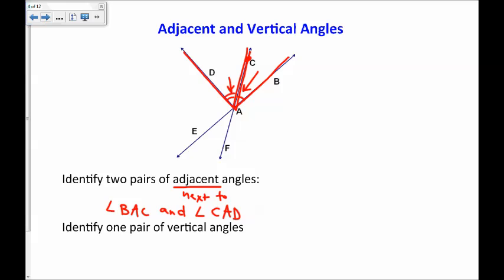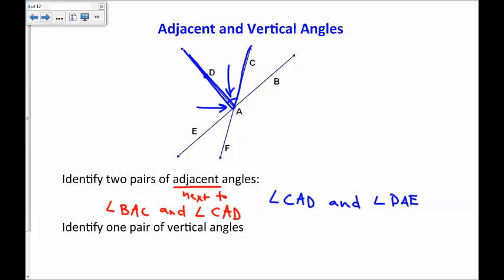Those are adjacent. Let's do one more. This angle is adjacent to, it's next to this angle. So I would say angle CAD and angle DAE, this angle.